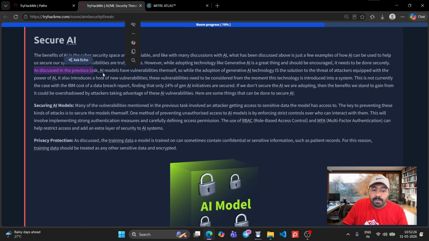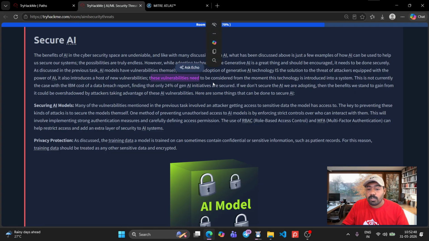As discussed in the previous task, AI models have vulnerabilities themselves. While the adoption of generative AI technology is the solution that counters the threat of attackers with the power of AI, it also introduces a host of new vulnerabilities.